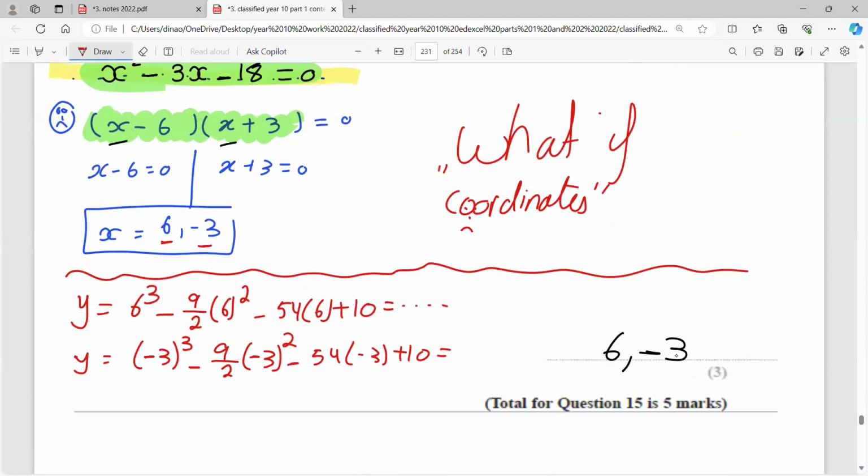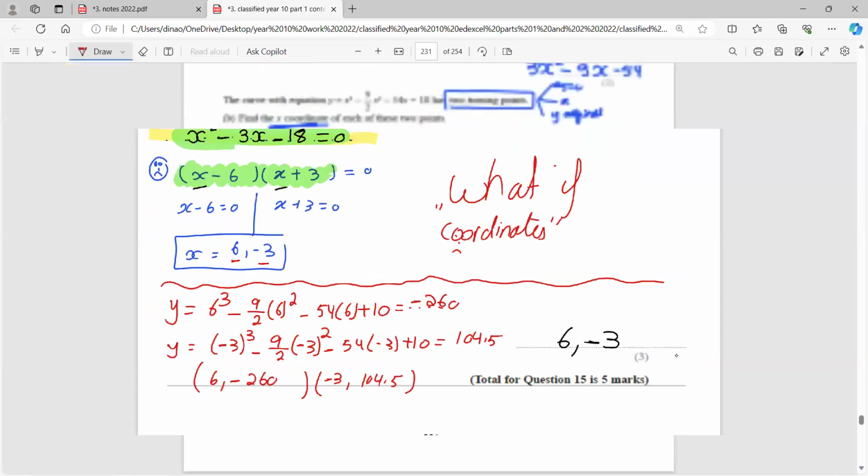Now if it is negative 3, same substitution but with negative 3, negative 3 power 3, gives 104.5. The ordered pairs will be 6 and negative 260, and negative 3 and 104.5.